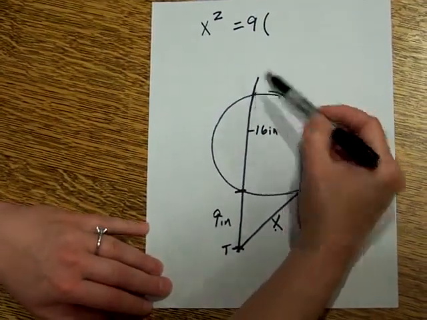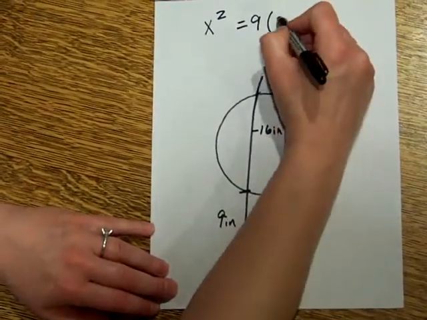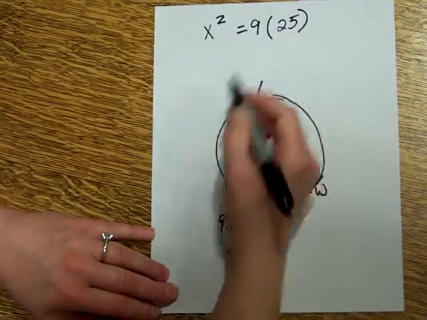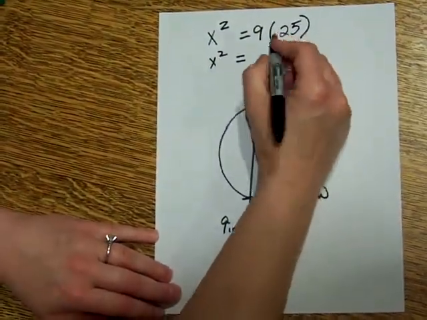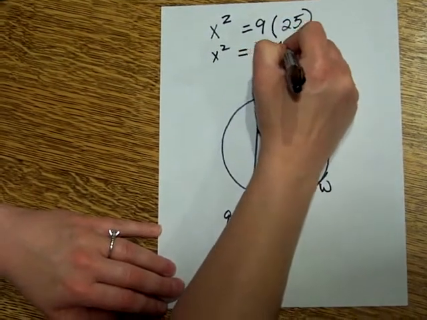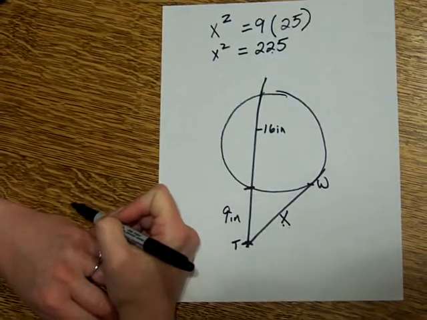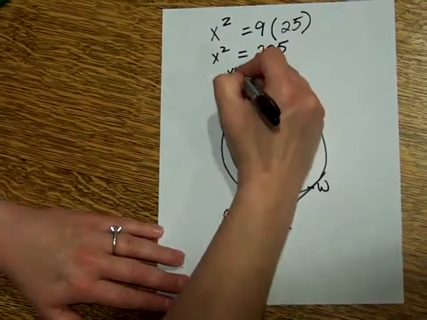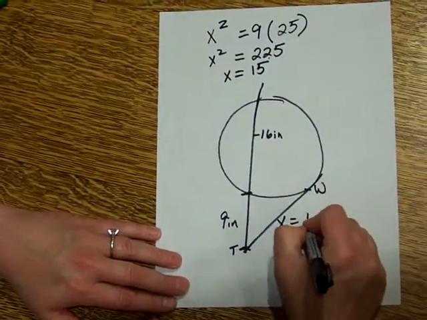It is 9 times 9 plus 16, which is 25. That's going to give me X squared equals 9 times 25, which is 225. We should know the square root of 225. Therefore, X equals 15.